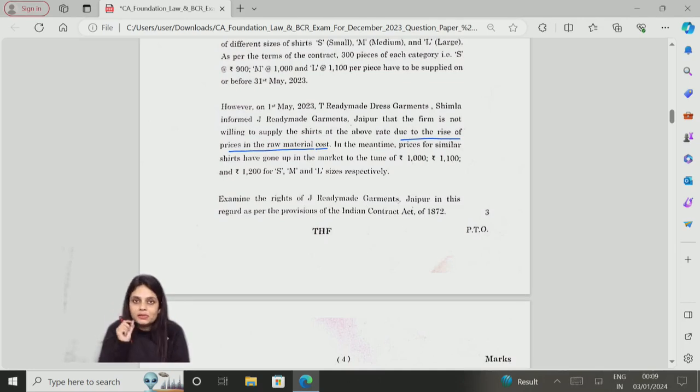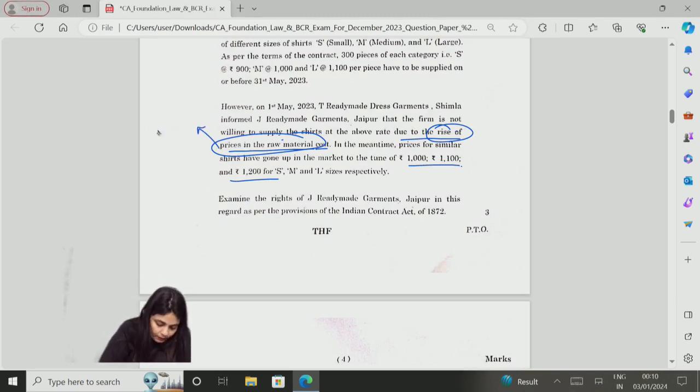We had done this same example in the class also. In the meantime, prices for similar shirts have gone up in the market to the tune of 1,000, 1100 and 1200. Examine the rights. First of all, is a rise in the price of raw materials considered as supervening impossibility? No. This is not supervening impossibility. So if it is not supervening impossibility, then if they refuse to sell, it's a breach of contract.